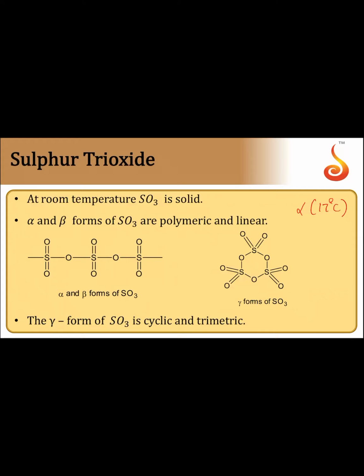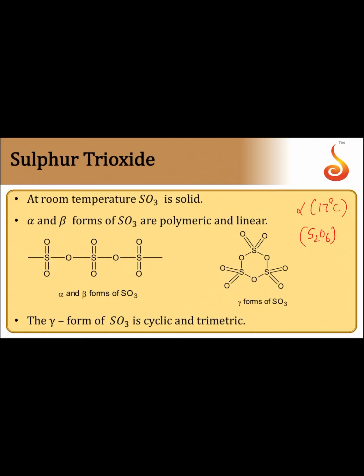And beta form is the dimeric form, that is S2O6. It forms needle-like silky white crystals.